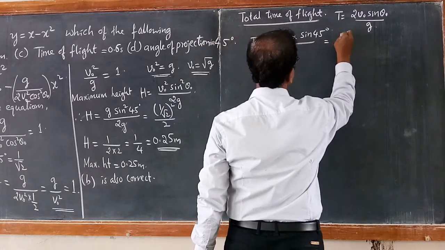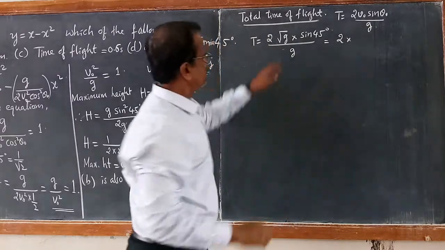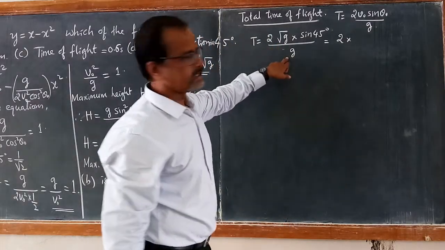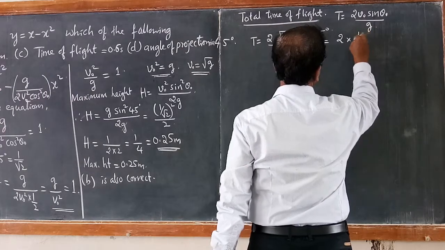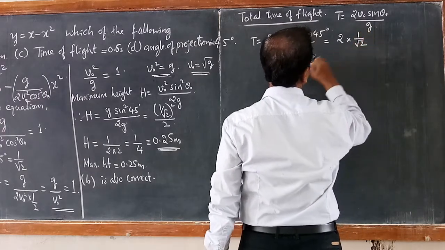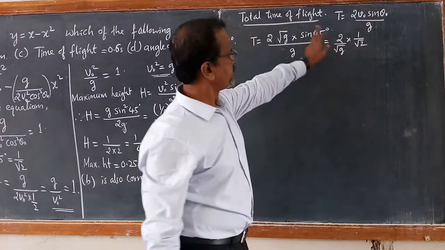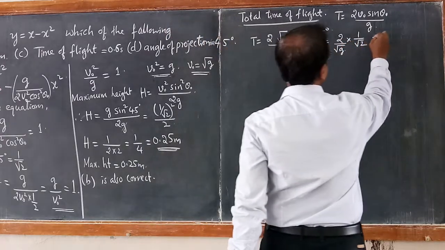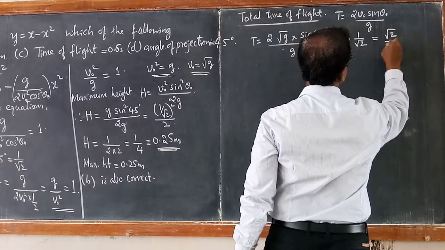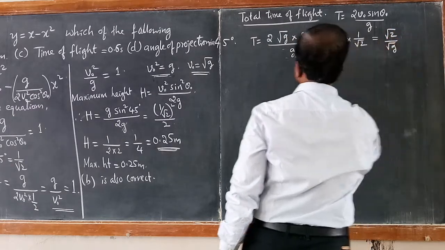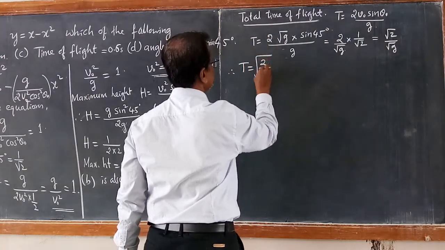So this becomes 2 into square root of g, and here it is g. So it becomes 1 by root g. Here sin 45 is 1 by root 2, and here it becomes root g. So again we cancel. So it becomes root 2 by root g.